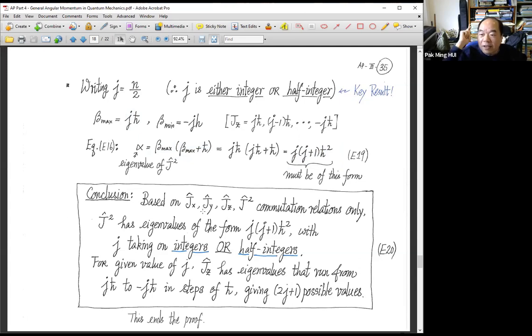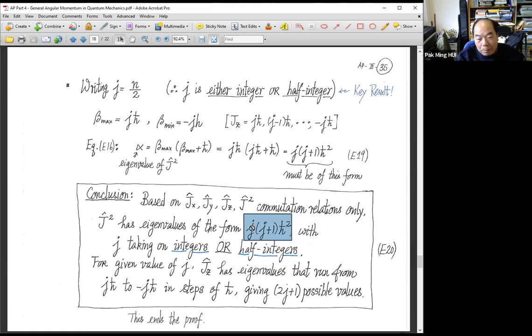Based on the 6 commutation relations only and nothing else, we have not used any so-called representations. We are not doing it in theta phi space or any other space, just 6 commutation relations. It turns out that there are very stringent conditions on the simultaneous eigenstate of J square and JZ. J square must have eigenvalues of this form.